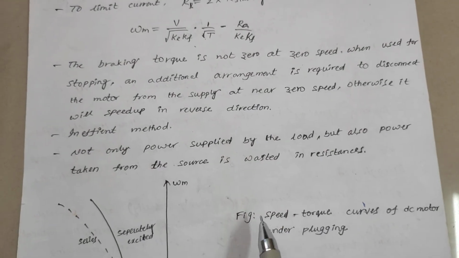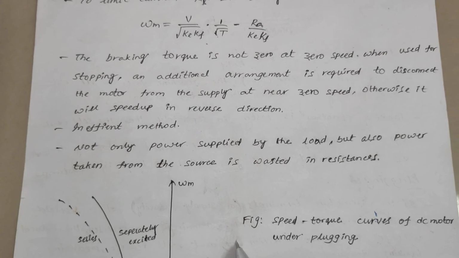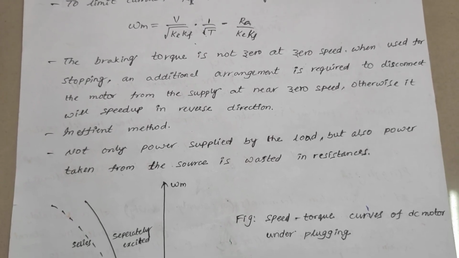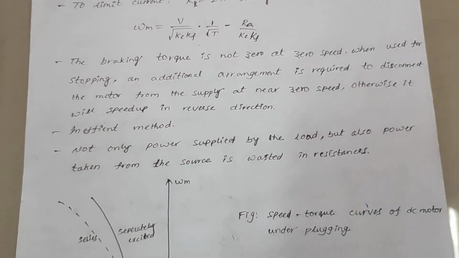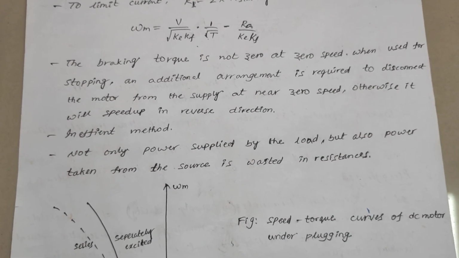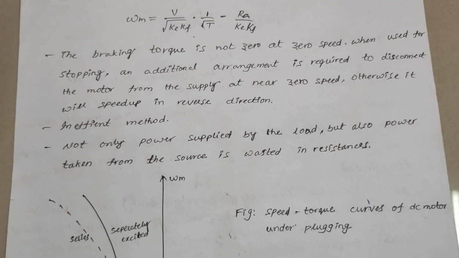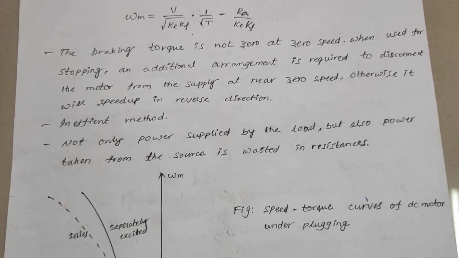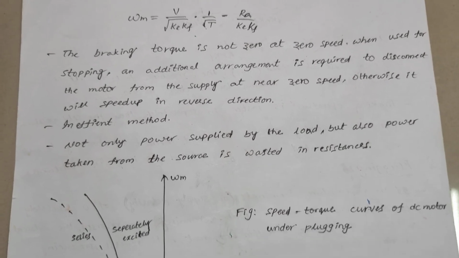Here the braking torque is not equal to 0 at 0 speed. When it is used for stopping, an additional arrangement is required to bring the torque to 0. Otherwise it will speed up in the reverse direction.